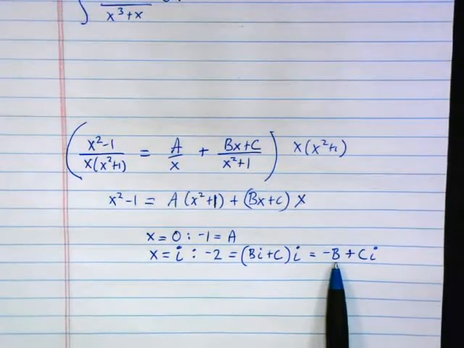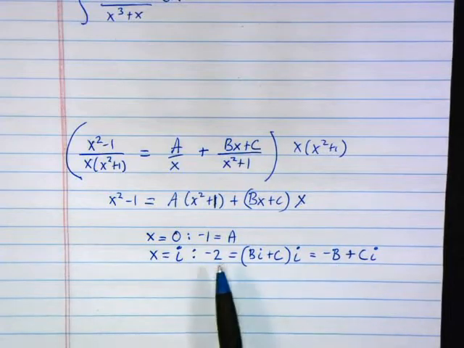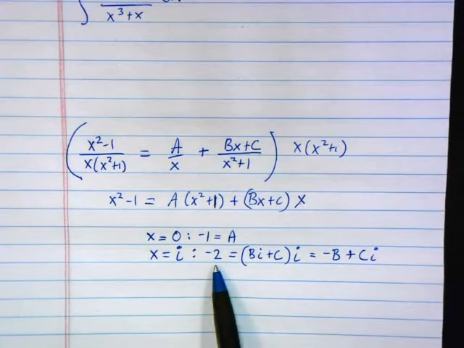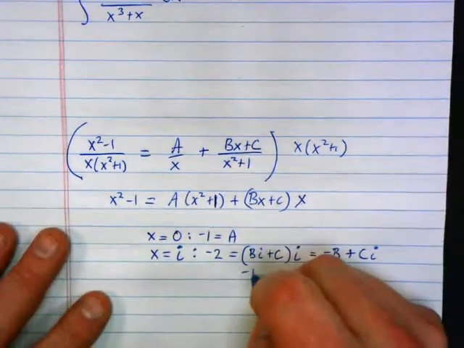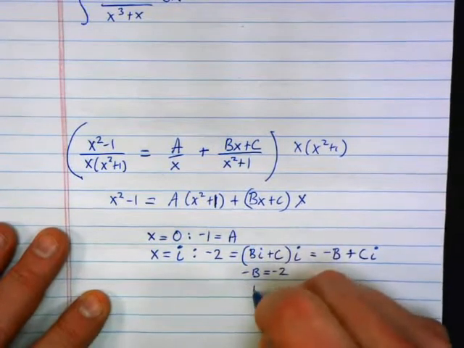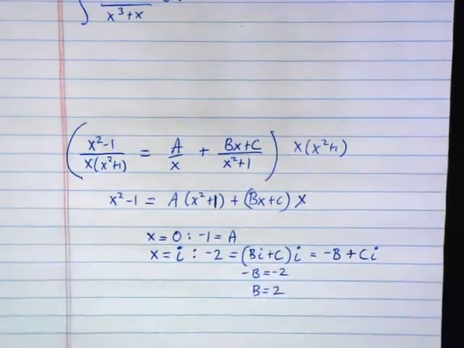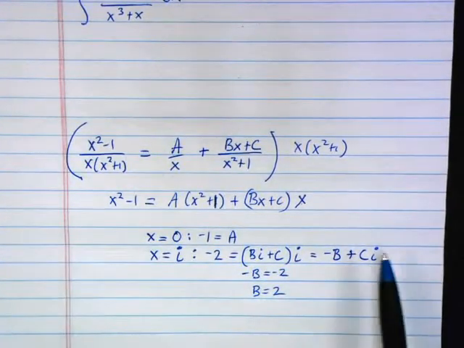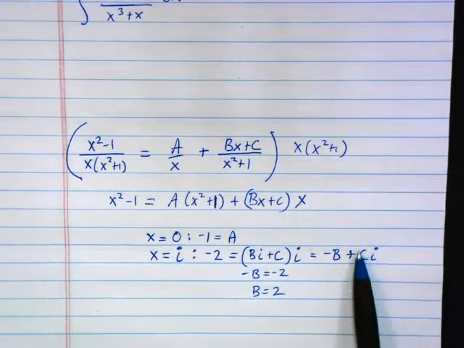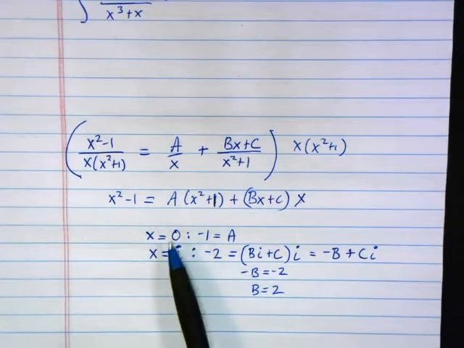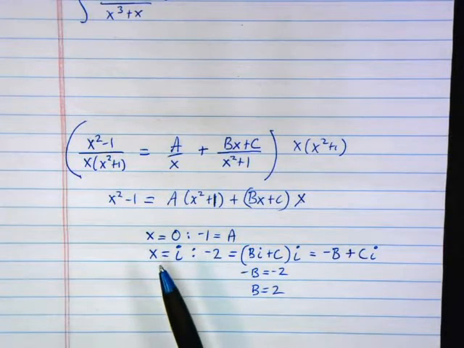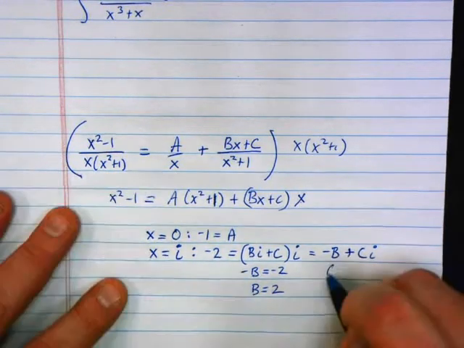So negative b has to equal negative 2. Those are the real parts. So negative b has to equal negative 2, which tells me b equals 2. Over here, the complex part is ci. What's the complex part over here? 0. So ci has to be 0, which tells you c has to be 0.